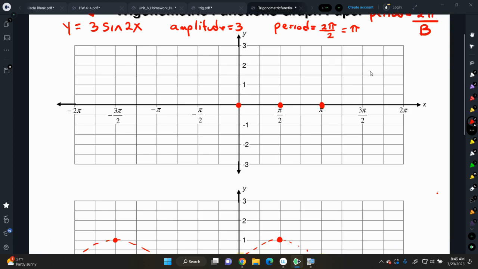See if you can finish this graph, and I want you to go from 0 to 2 pi. So when you do this, you're going to graph one full cycle first, and then you'll extend it.